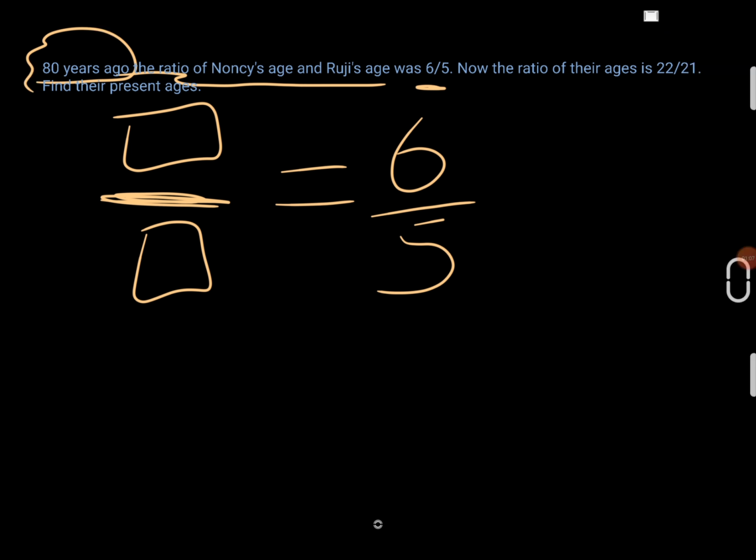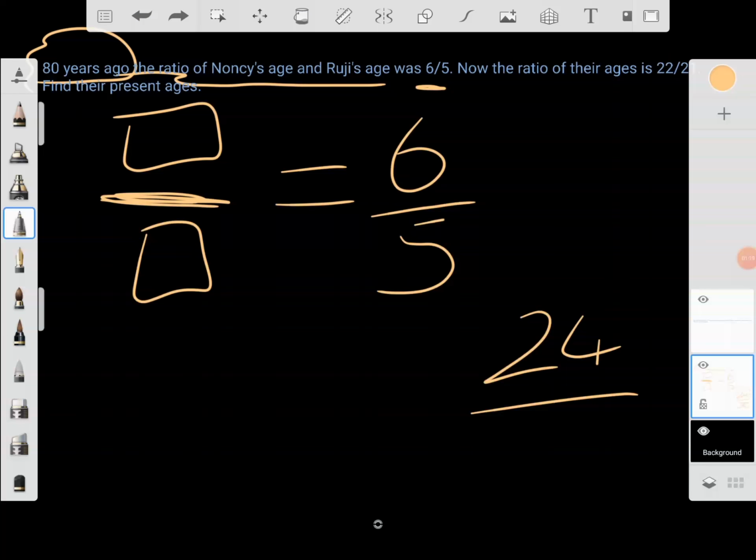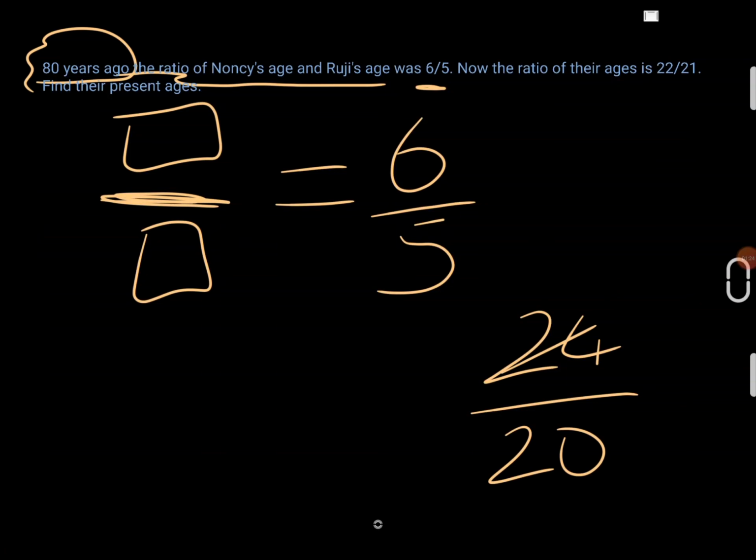For example, consider 24/20. It is 4 into 6, 24, and 4 into 5, 20. That means 6/5.